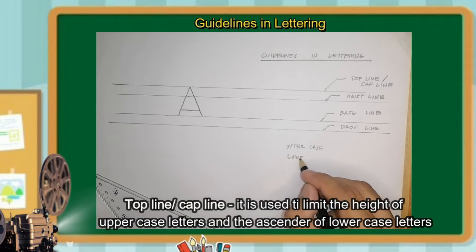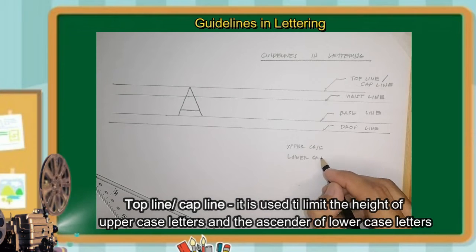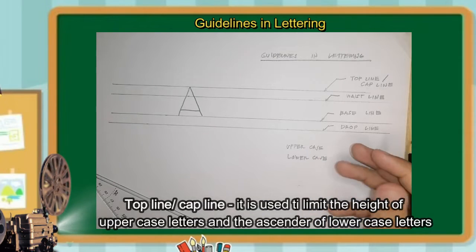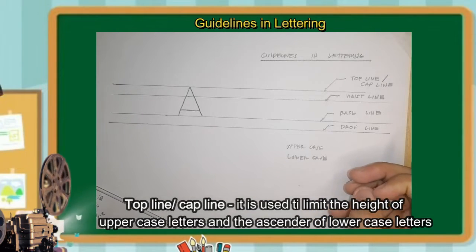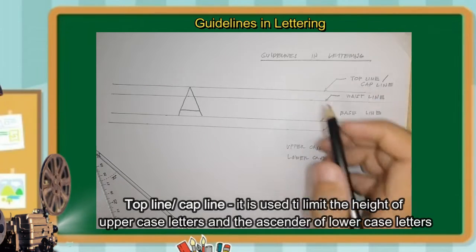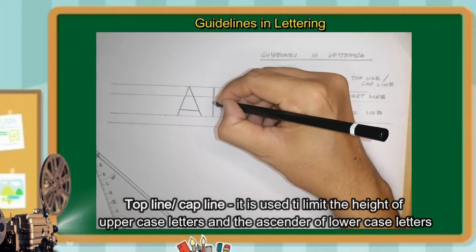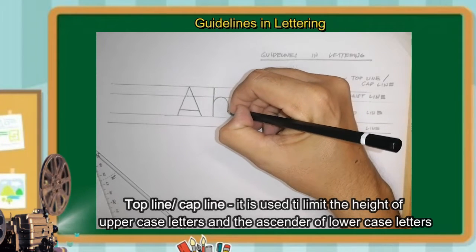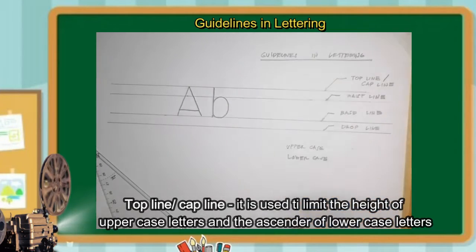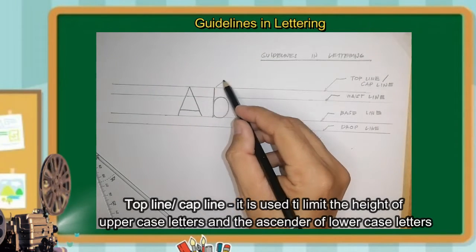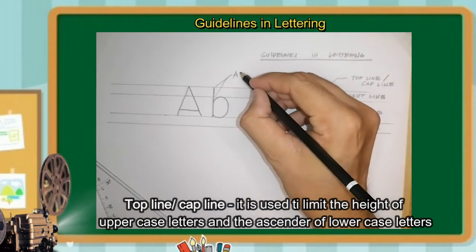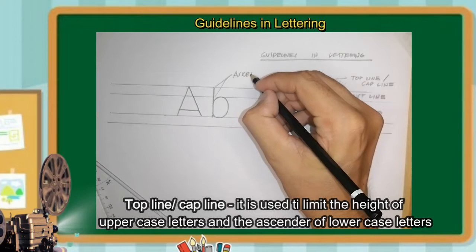When we say lowercase letters, these are yung mga letters na mas maliit. Example here, letter B. Letter B has what we call an ascending stroke. Ito yung tinatawag natin na ascender.